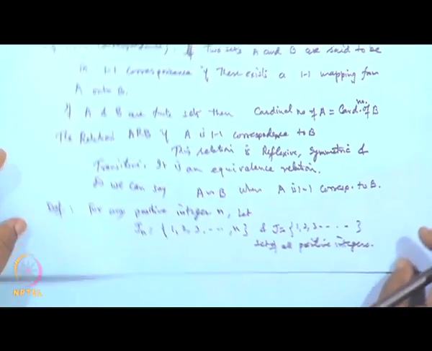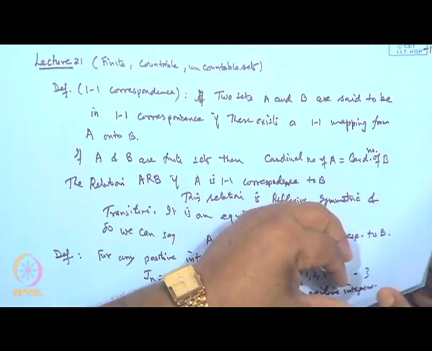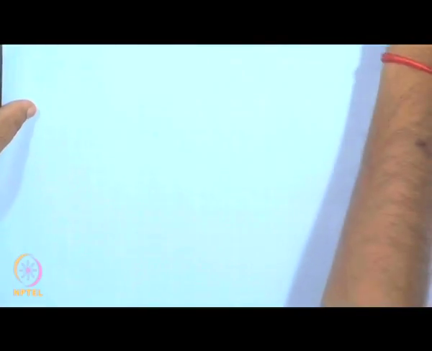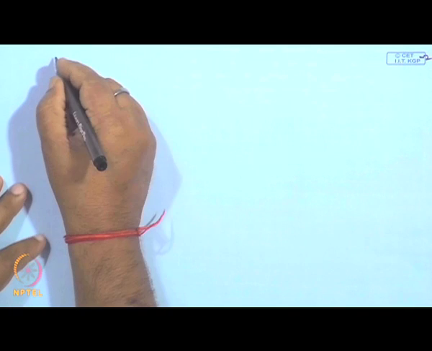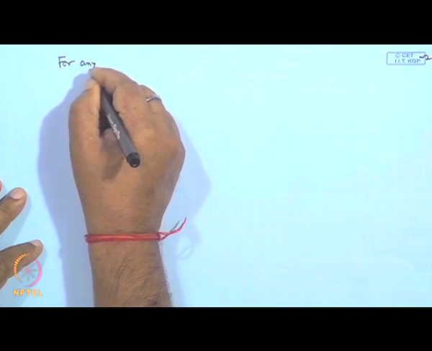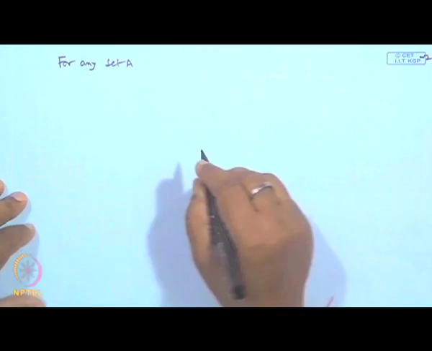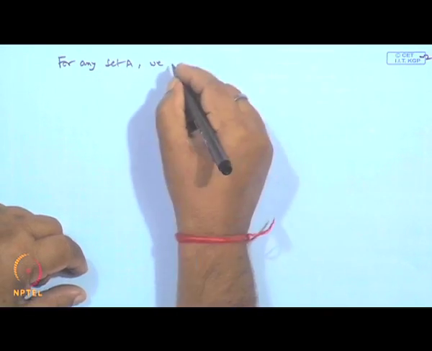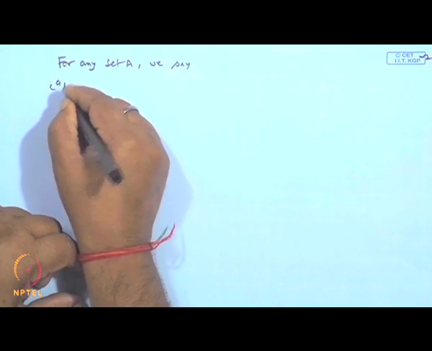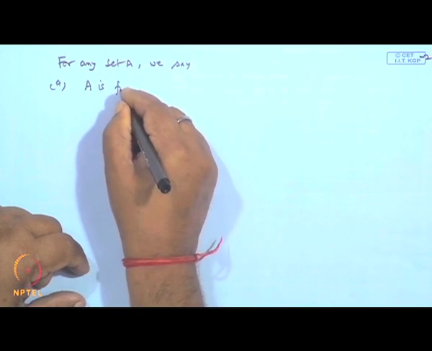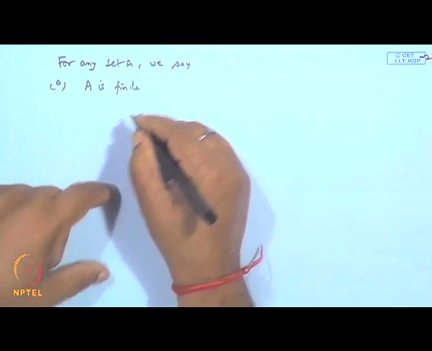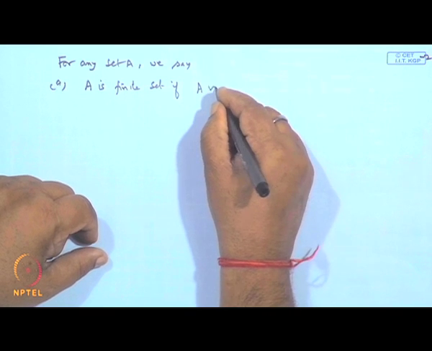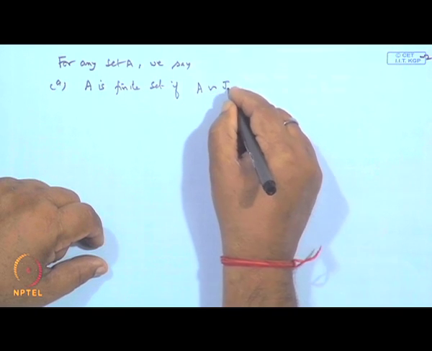Okay. Then for any set A, we say A is a finite set if A is equivalent to J_n for some n.